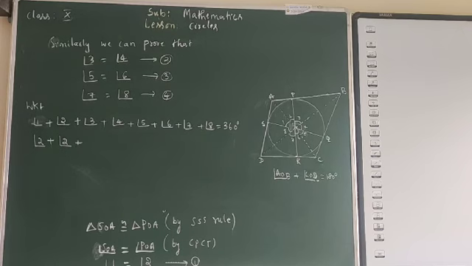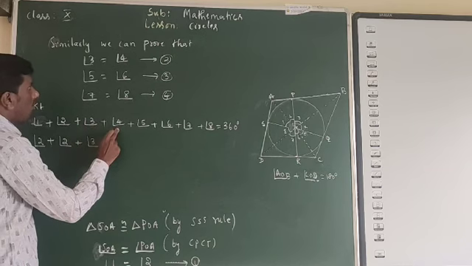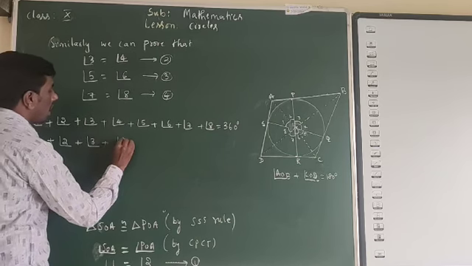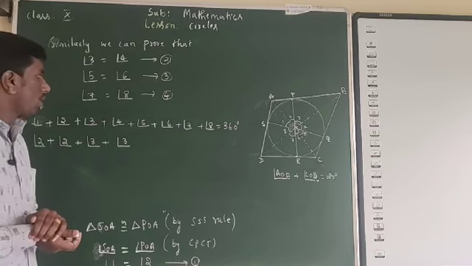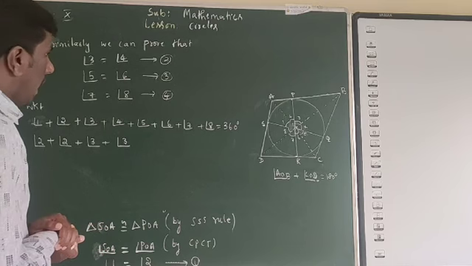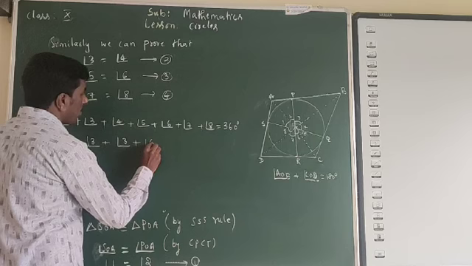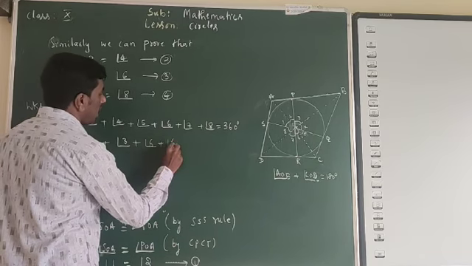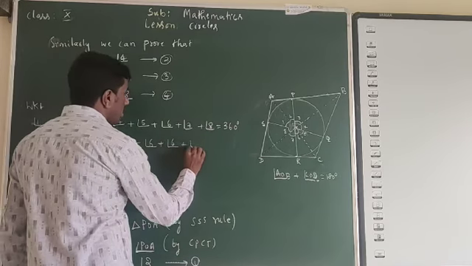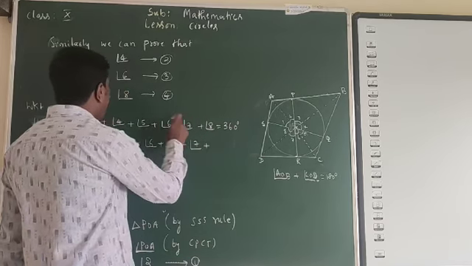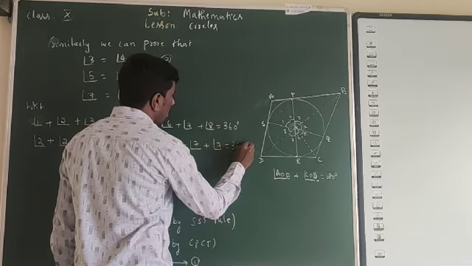Now, angle 3 I will write as it is. Angle 4 is equal to angle 3, so in the place of angle 4, I am substituting angle 3. Then angle 5 is equal to angle 6, plus angle 6 I am writing as it is. Then angle 7 I will be writing as it is. Then angle 8 is equal to angle 7. It's equal to 360 degrees.